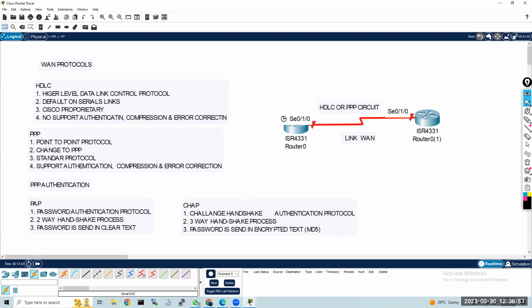I think, guys, I explained to you about MD5 authentication. Do you remember? I think we did the lab, especially in EIGRP. MD5 authentication. MD5 stands for what?